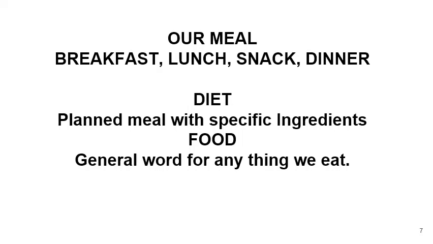When we say we are taking a diet, it means we definitely plan our meal. If you don't plan, you take whatever is available at breakfast, whatever you get at lunch, whatever you get as snack, and at dinner also whatever you want. When you say diet, we definitely plan our food items.